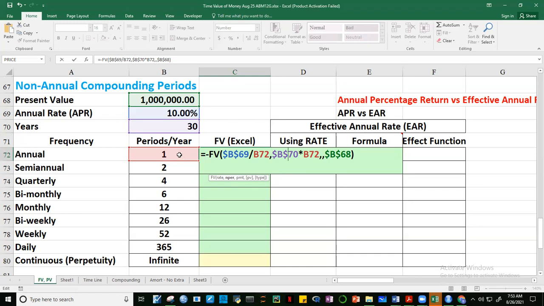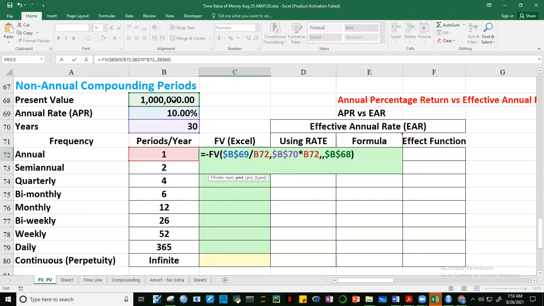Okay, tapos, itong PMT, ba't walang PMT? Since... Annuity ba to, sir?